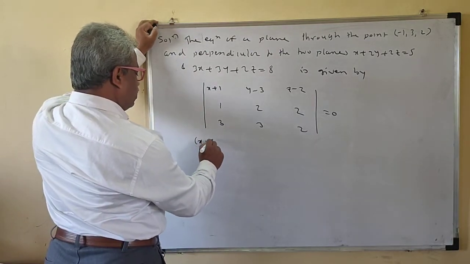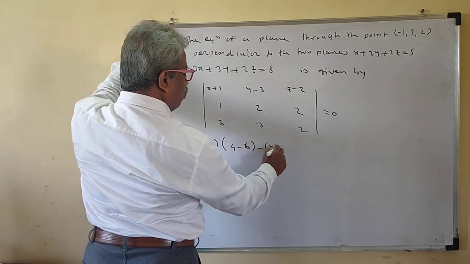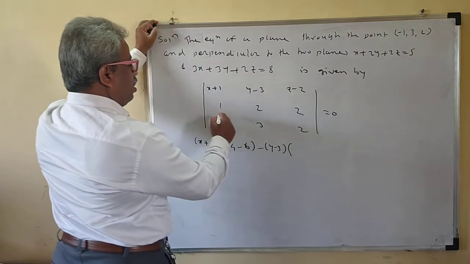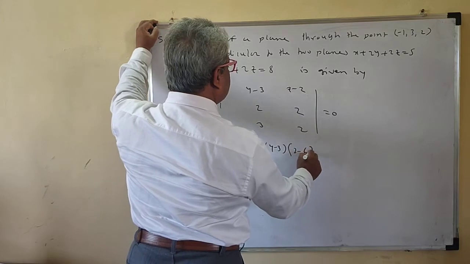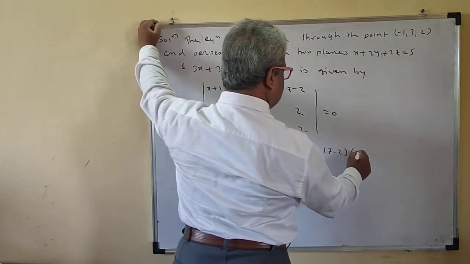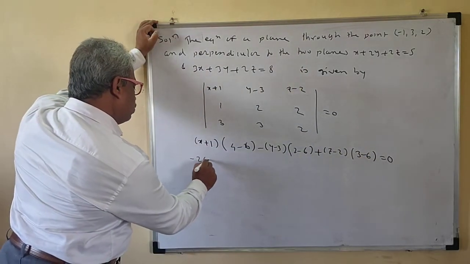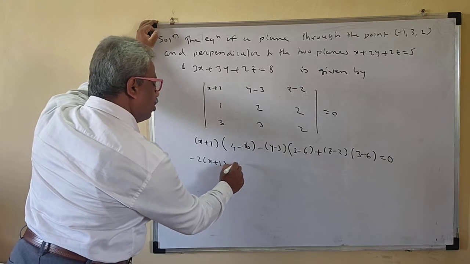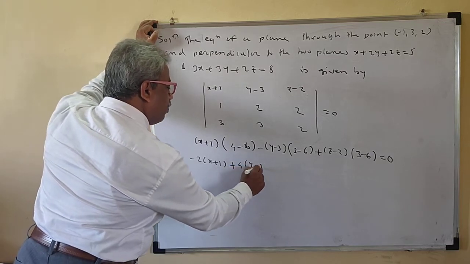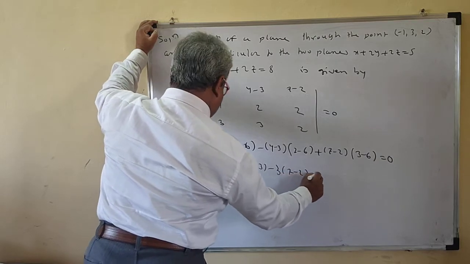So this is x plus 1 into 4 minus 6, minus y minus 3, drop this. Okay, so 2 minus 6, plus z minus 2 into 3 minus 6. So this is 0. Okay, so minus 2 x plus 1, minus becomes plus 4 y minus 3, minus 3 z minus 2 is equal to 0.